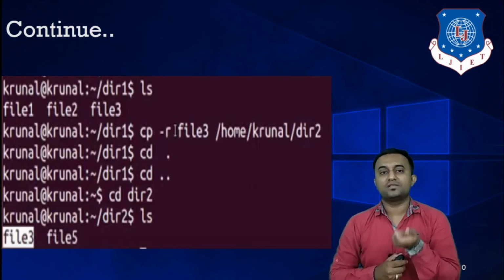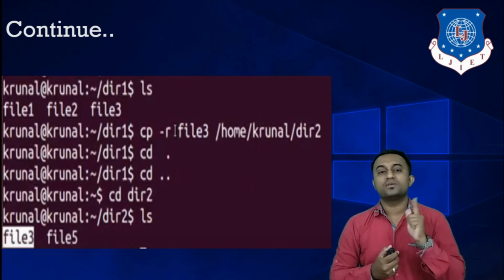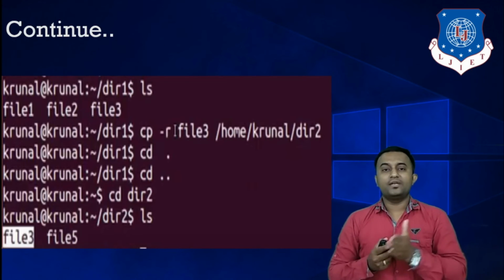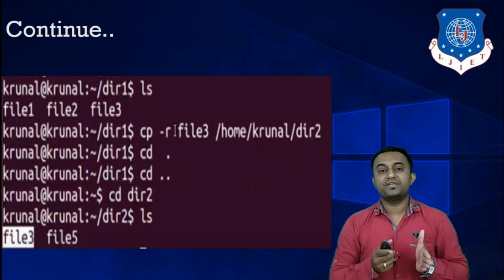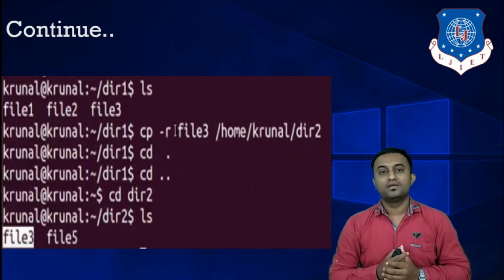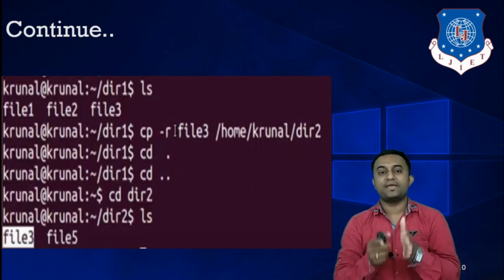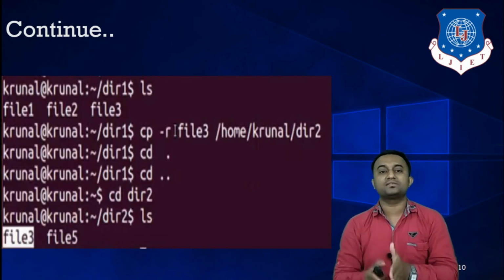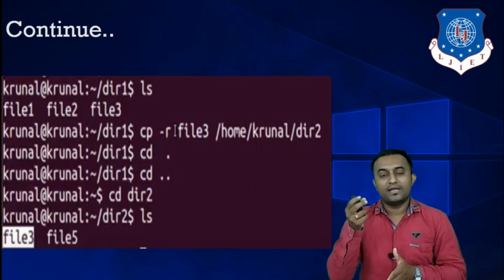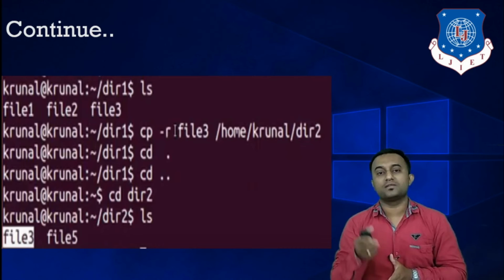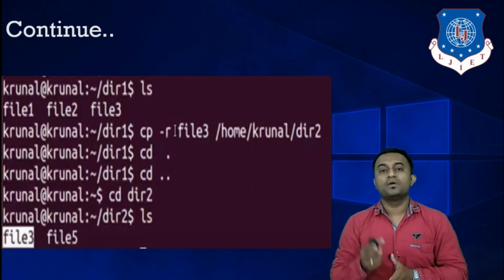File 3 is nothing but my source file, and this file I need to copy to some particular location. So I need to mention the destination directory path. So cp space -r space source file name, then space, then the destination information /home/kernel. Home is the home directory, kernel is nothing but a subdirectory of home, and then directory 2 is nothing but a subdirectory of kernel.